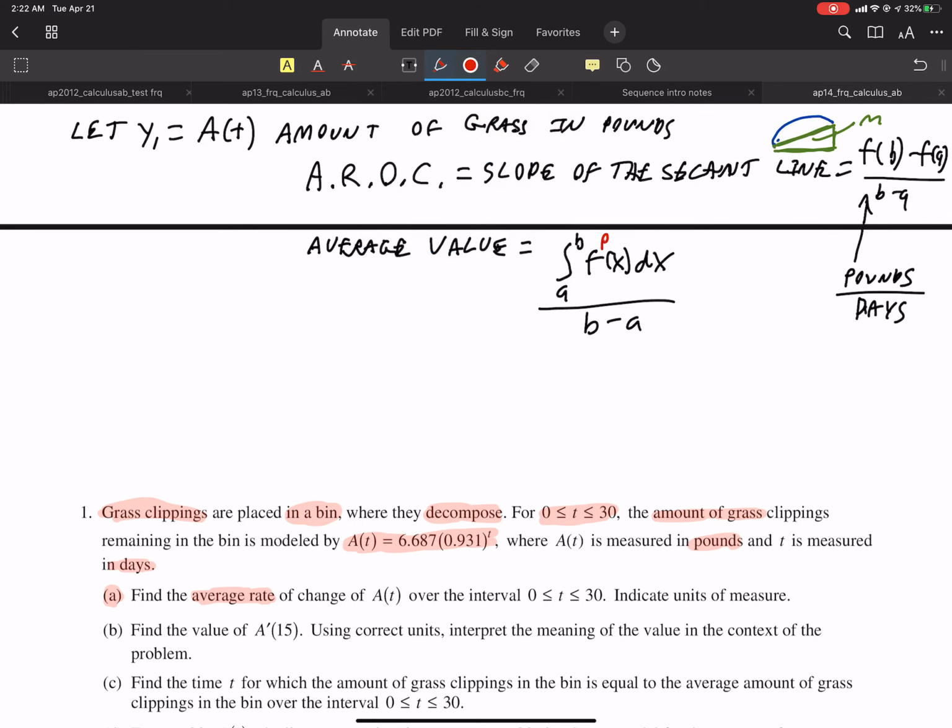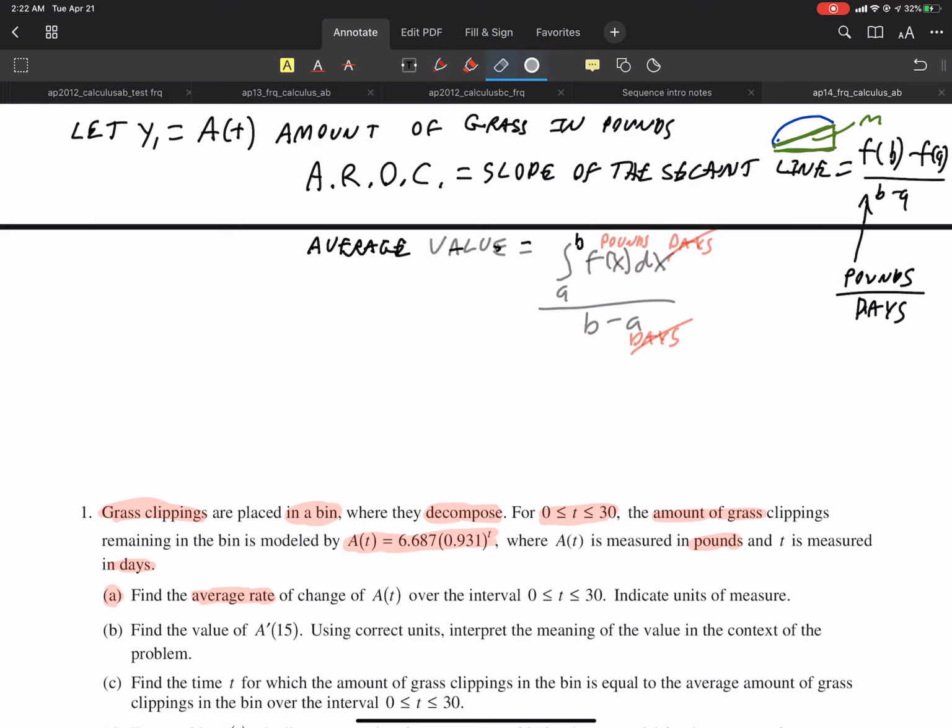This one is pounds. This dx would be days, and B minus A would be days. So you get pounds. That makes sense. The average amount of grass would be pounds, not pounds per day. So it's important that you know the difference. And again, hopefully we're not memorizing, but you're understanding what's going on there.